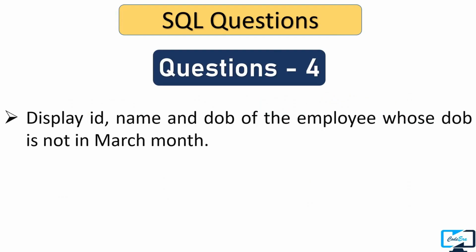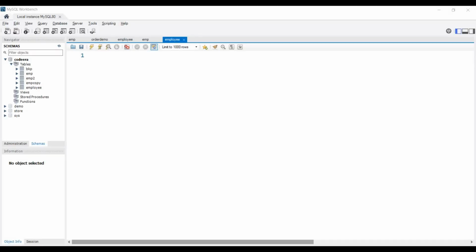So the question is: display ID, name and date of birth of the employee whose date of birth is not in March month. So guys, to solve this query, we will write select ID, name, date of birth from employee where date of birth.